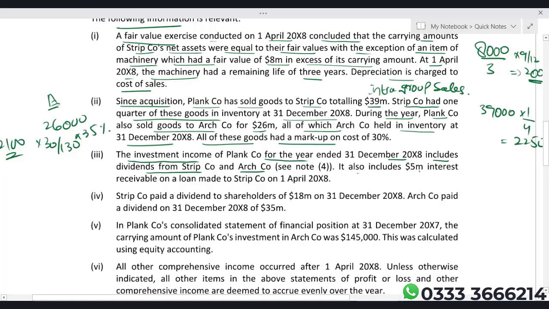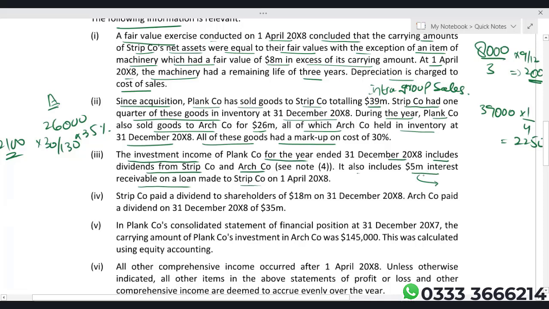See note 4. It also includes 5 million interest receivable on loan made to strip company. So this 5 million interest is also intra-group. Basically, parent has given a loan to the subsidiary, and subsidiary has given the interest.